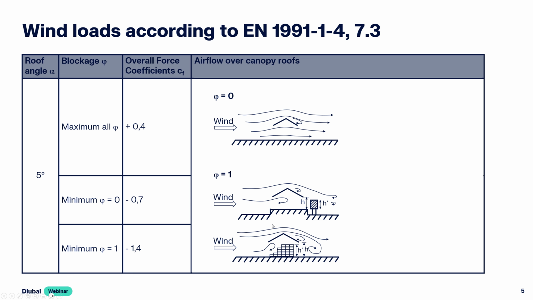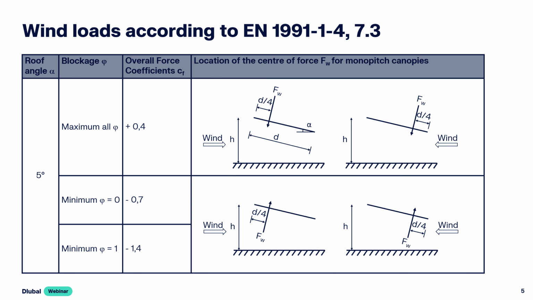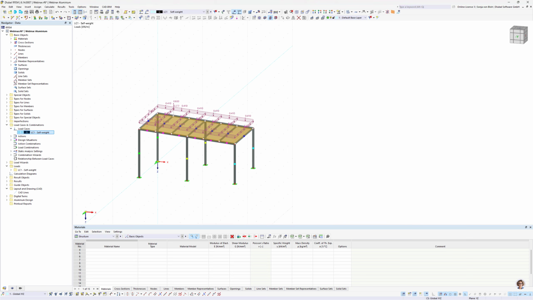The resulting wind force acts differently on the roof depending on the wind direction. The figure shows this for wind approaching the eave side and for the opposite wind direction. To generate the wind load, I use the wind load wizard.